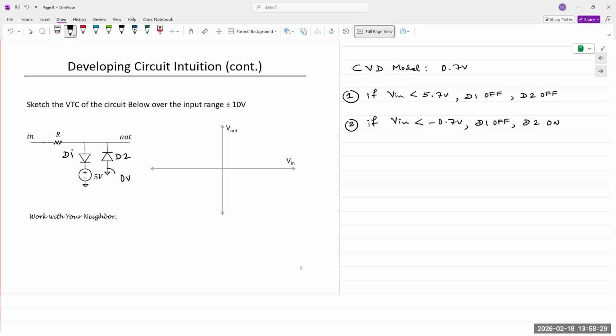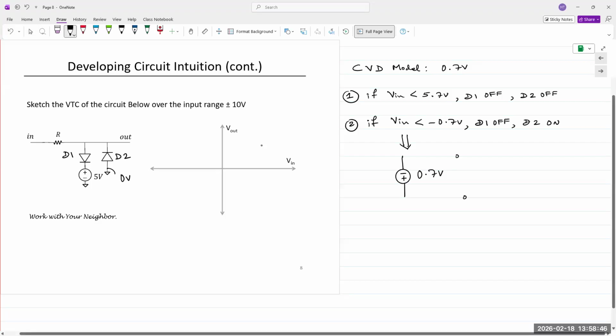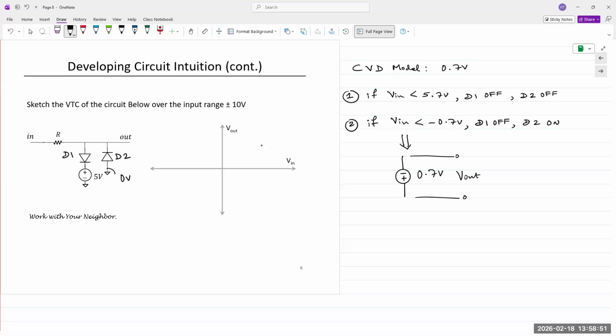If D2 turns on, it behaves like a constant voltage source of 0.7 volts. And if we take V out across those terminals, then your V out is equal to minus 0.7 volts.